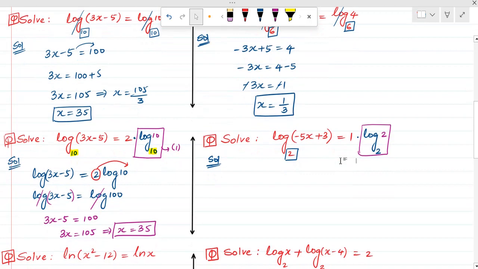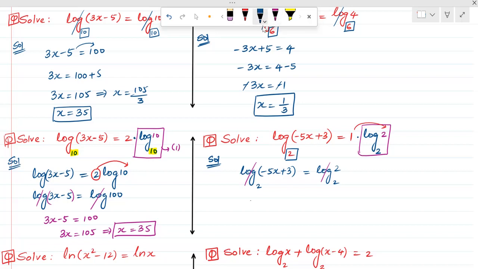Same number. Now I will move the power here. So what happened? This step implies log of minus 5x plus 3 base 2 is equal to log of 2 power 1, which is 2 base 2. Since both sides are the same base, I can remove the log as per the property of the logarithm.